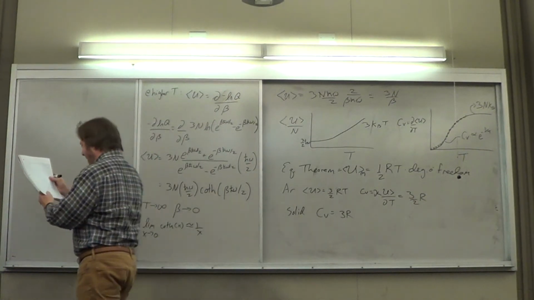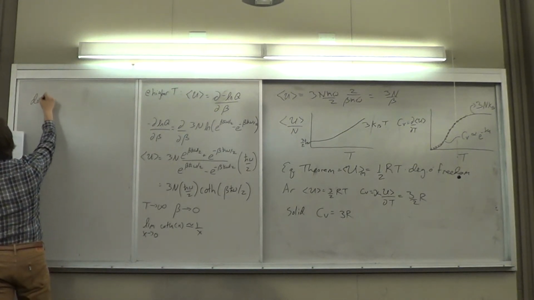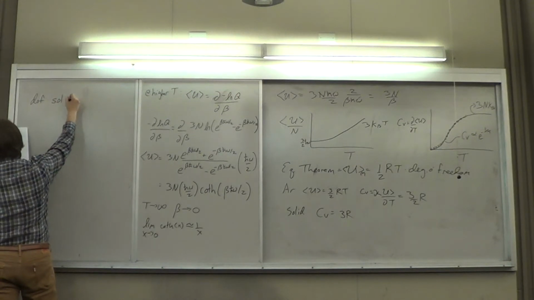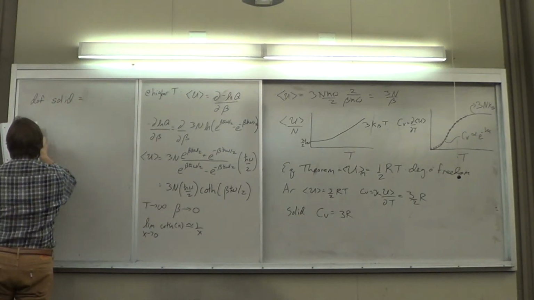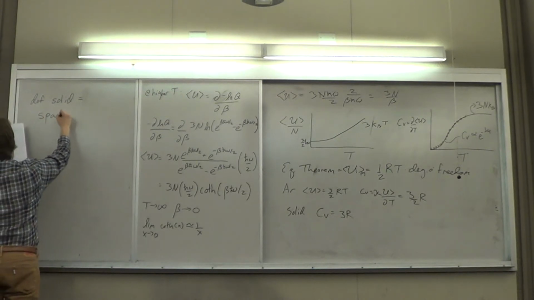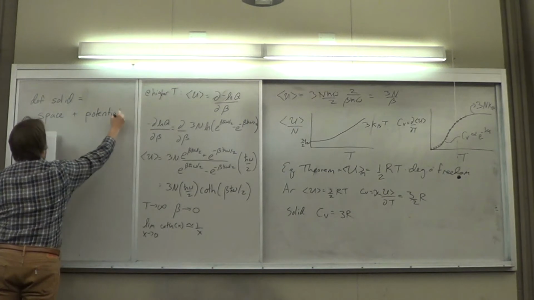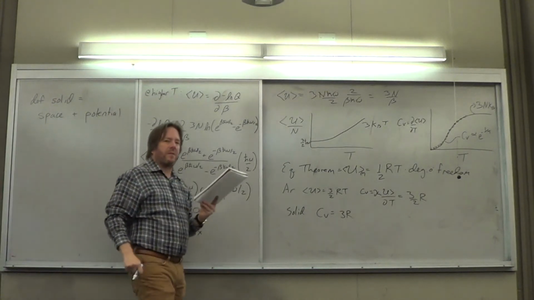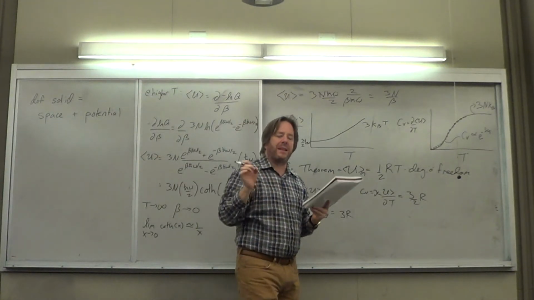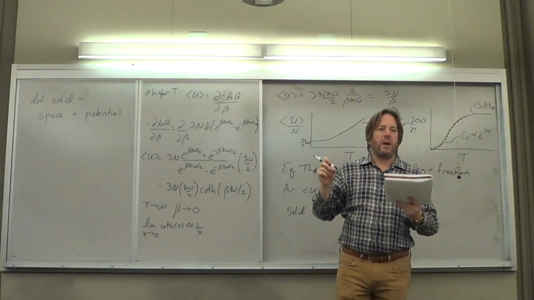Okay, the degrees of freedom of a solid are, you have space and potential. You have a spatial degree of freedom that changes energy. If I pull a spring, it has more energy.